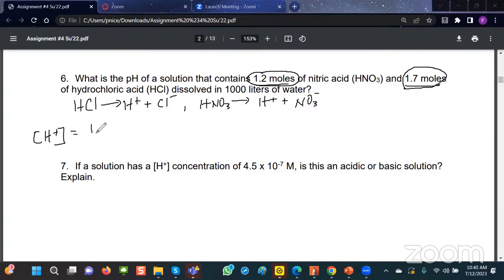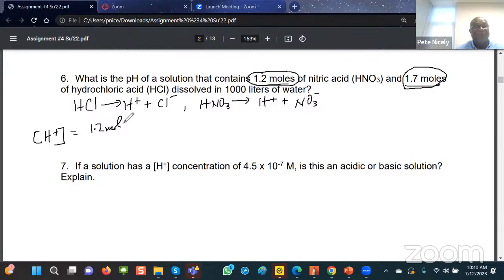Absolutely right. 1.2 moles plus 1.7 moles because they're in the same mixture, right? So basically, the moles of H plus from the hydrochloric acid would be the 1.7, and the moles of H plus from the nitric acid would be the 1.2. And then you divide that total by the volume, which is 1,000 liters, right?